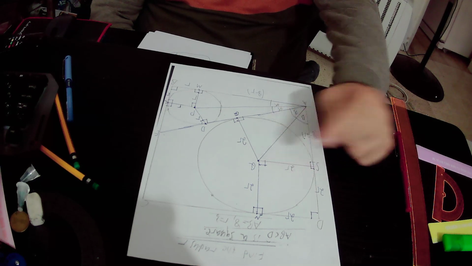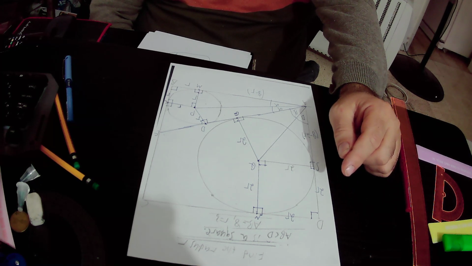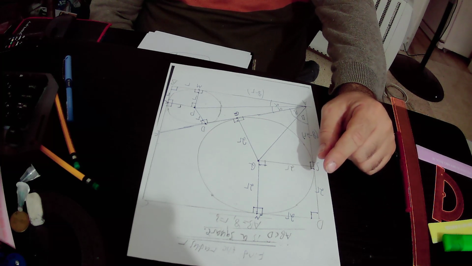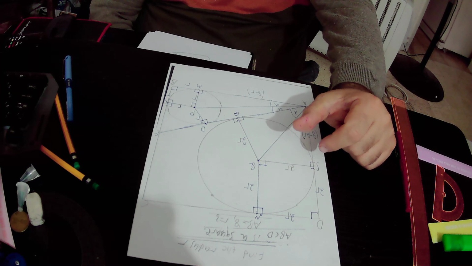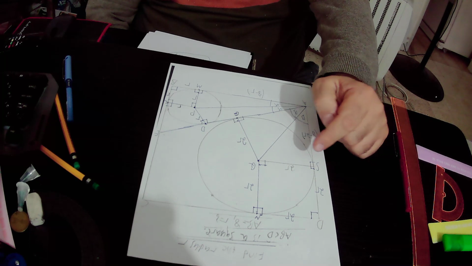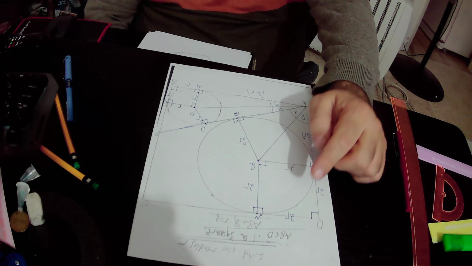So this is also a right angle, so we have 4 right angles, and any quadrilateral that has 4 right angles must be a rectangle, at least a rectangle. And we know that the opposite sides of a rectangle are equal to each other, so SQ equals DN, and we know that SQ equals 2R, so DN that equals SQ will also be equal to 2R.